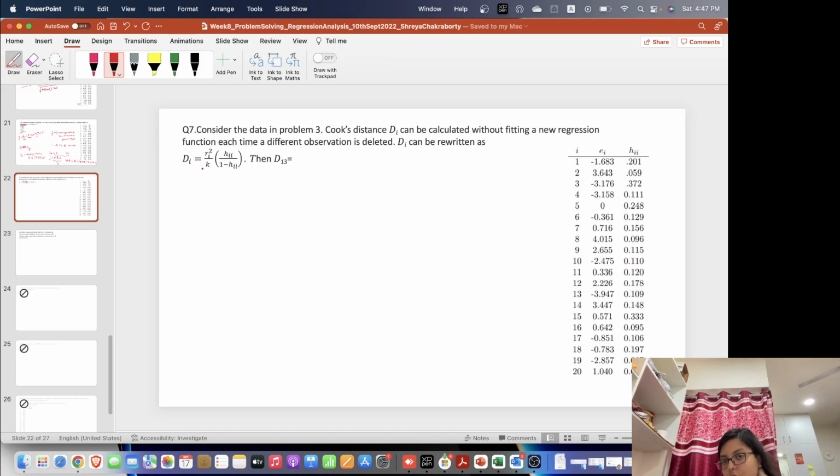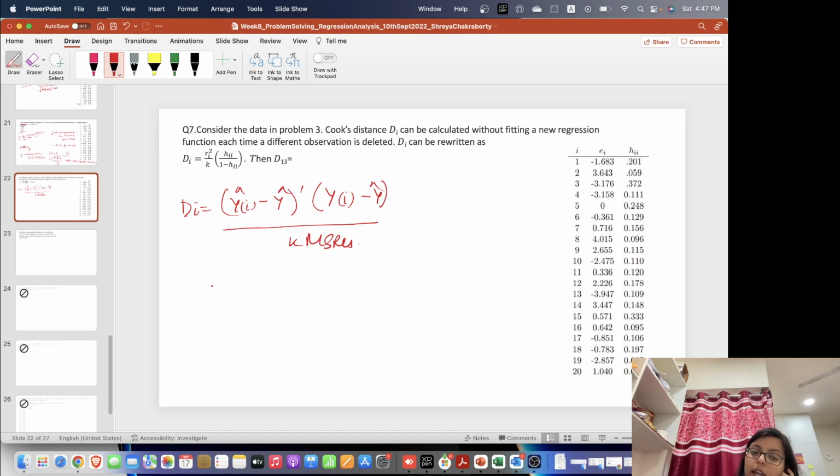It can be shown, I'm not going into the details of this, that the Cook's distance that we were writing can be equivalently written as ri square by k into hii by 1 minus hii.